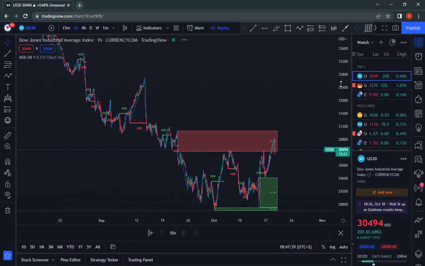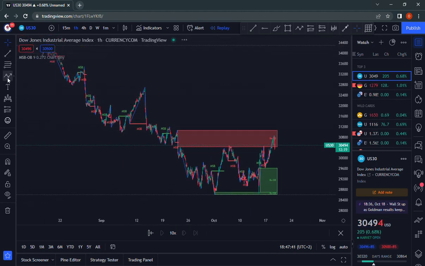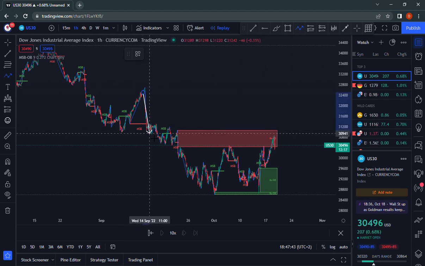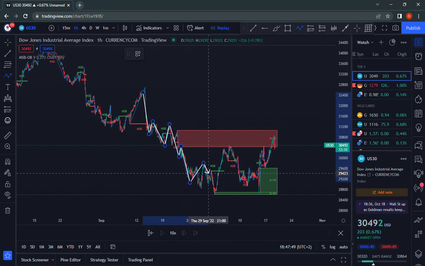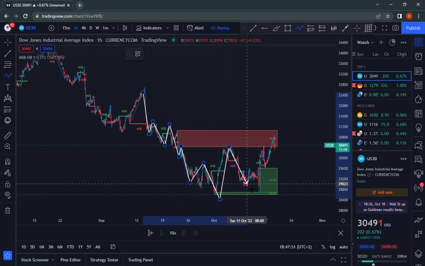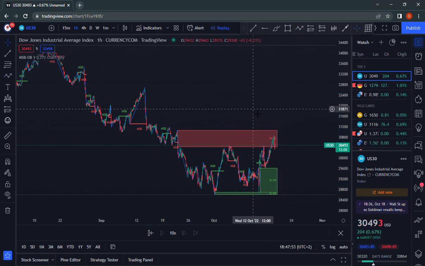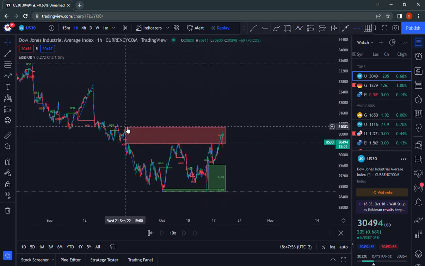Look at all these signals. Break, sell, break, sell, break, sell, break, sell, break. You see this one? Now we change the trend to buy. Then now we are at this big order block here.